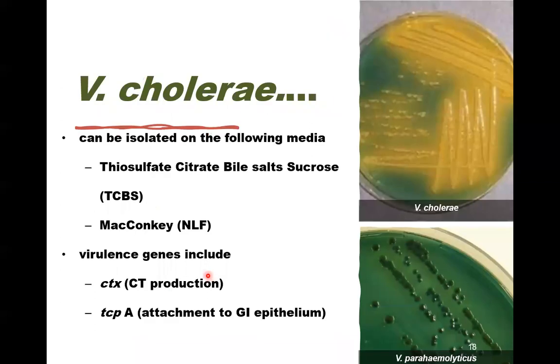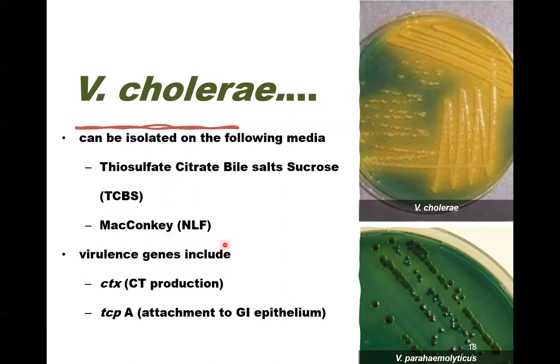Now, in the laboratory, we can isolate the organism selectively because remember, this is a stool sample and there's a normal microbiota in the GI. So if we want to select for Vibrio cholerae, we use thiosulfate citrate bile salt sucrose agar, the TCBS agar. You can use MacConkey. MacConkey is non-selective, okay?